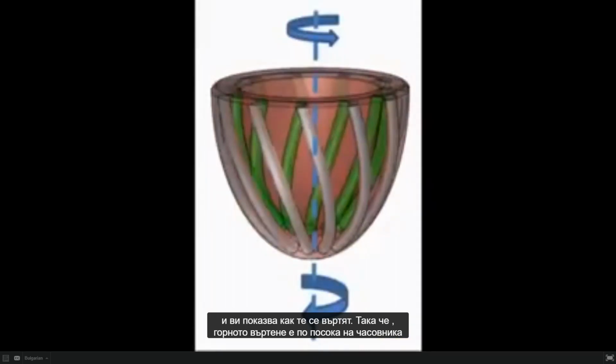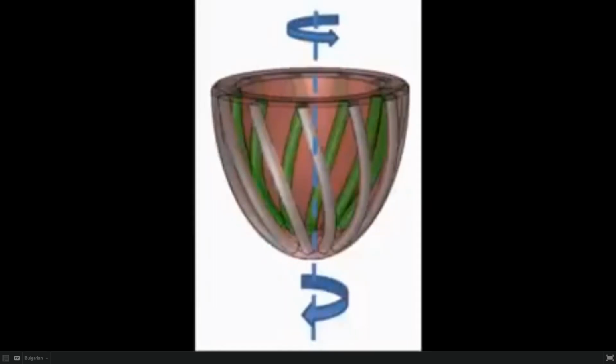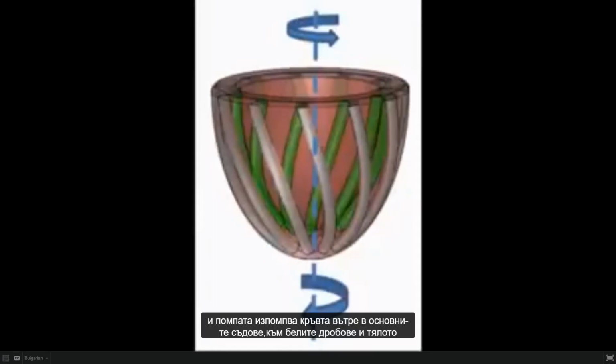So the top spins clockwise and the bottom spins counterclockwise. It is exactly making the infinity model when you spin the infinity model. And then what happens? It just generates the pressure inside and the pump pumps the blood into the main vessels, through the lungs or to your body.